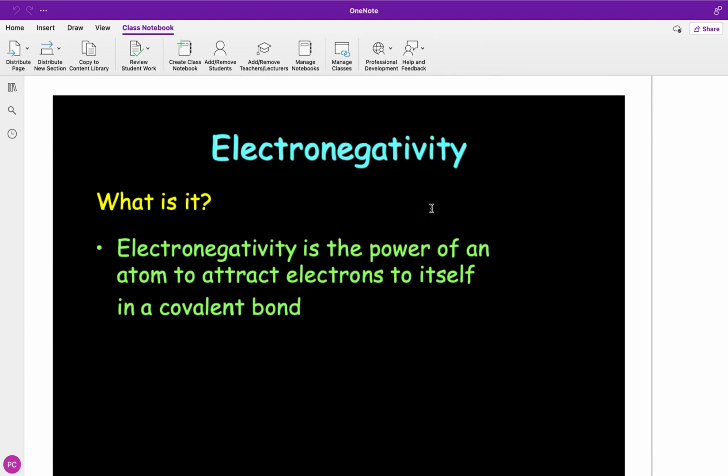The other one is electronegativity, and it's kind of the same thing, to be honest with you. It's the power of an atom to attract electrons to itself. So the amount of power that an atom has to attract electrons. If you think of electronegativity, positives in the nucleus, negatives on the electrons. So how much power have those protons, those positives, got in order to attract more negatives?